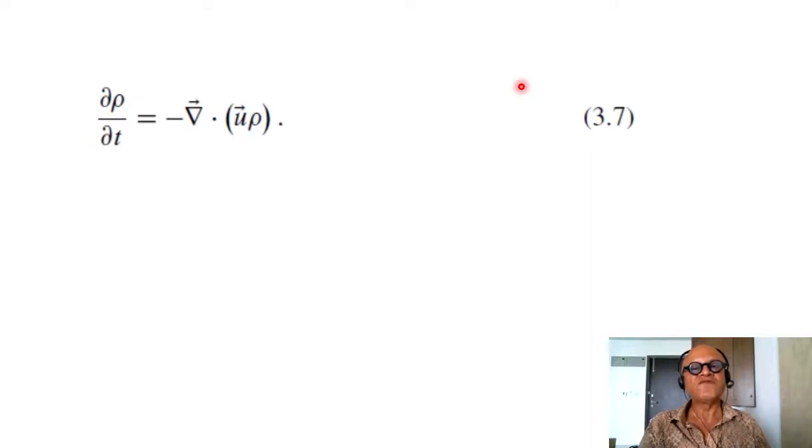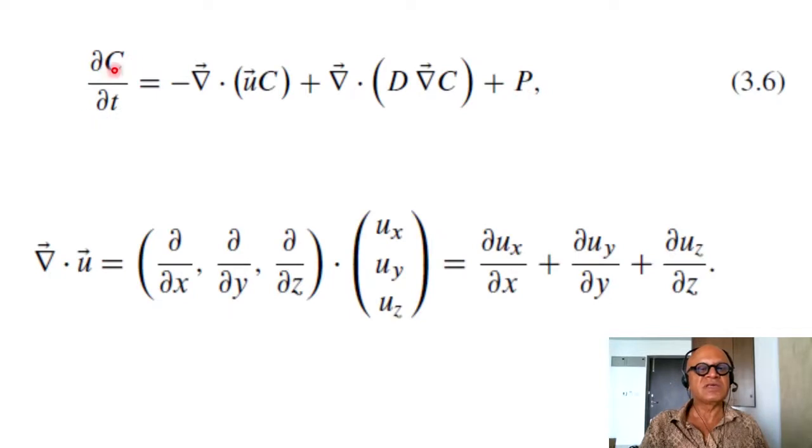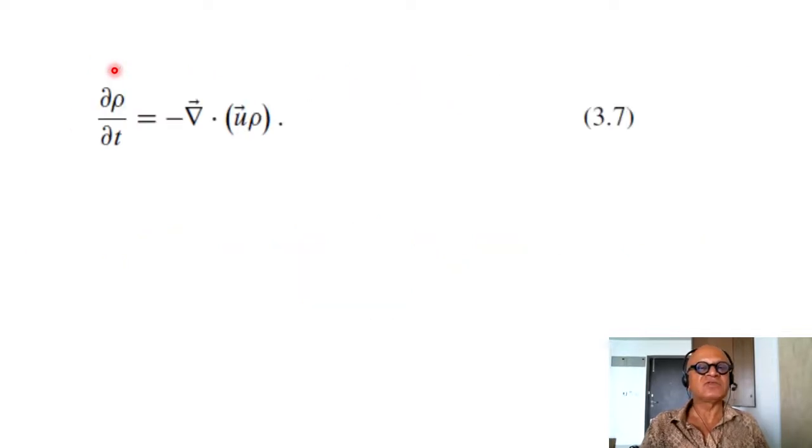We can quickly move that to density, so we can just replace C by density. There is no diffusion of density, so we can just write it as d rho/dt equals minus the divergence of u times rho.